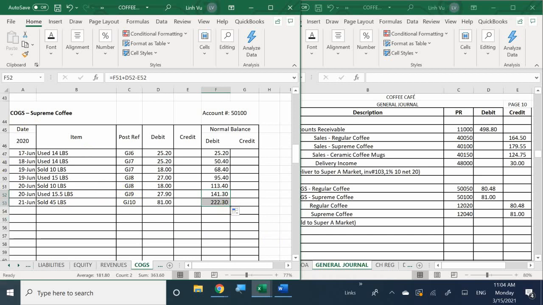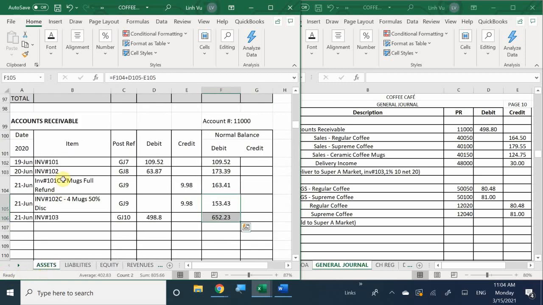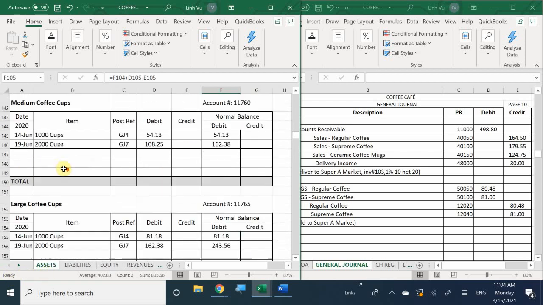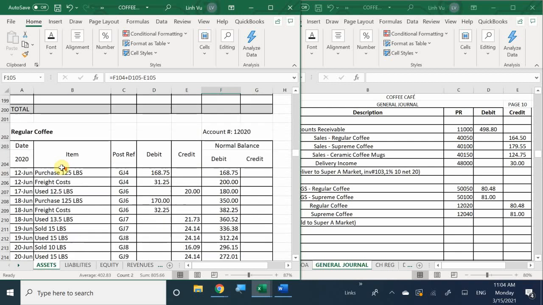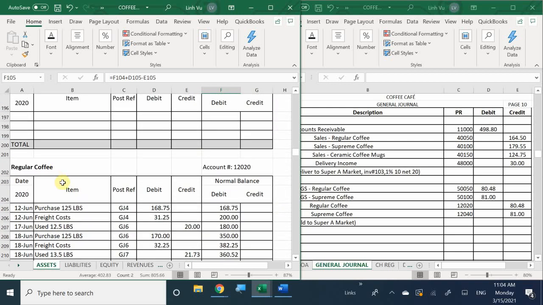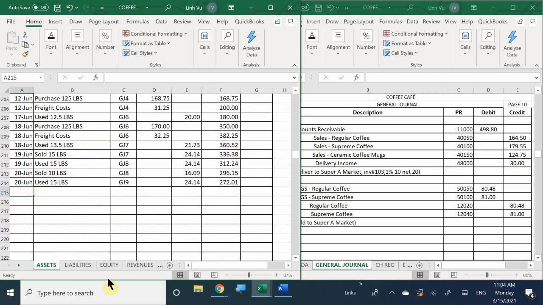All right, last but not least, you got to update your inventory. Right here I am in my regular coffee. Sold 50 pounds.